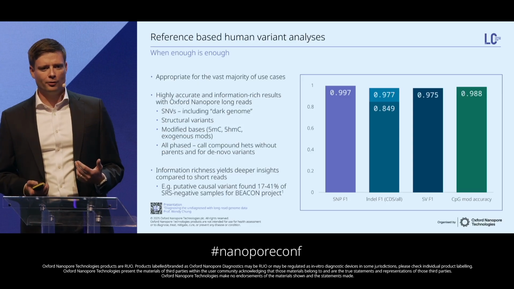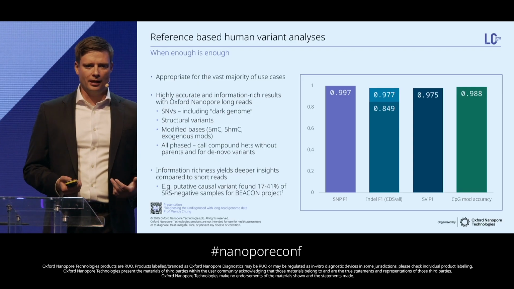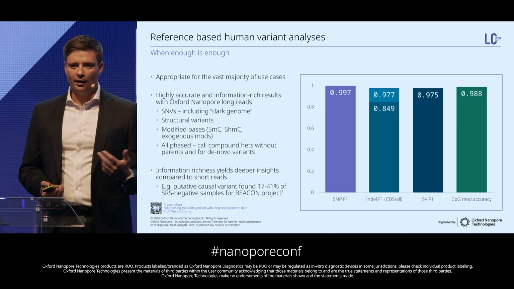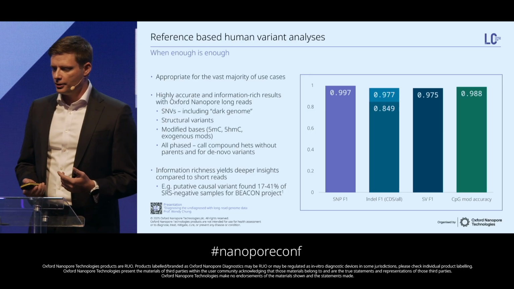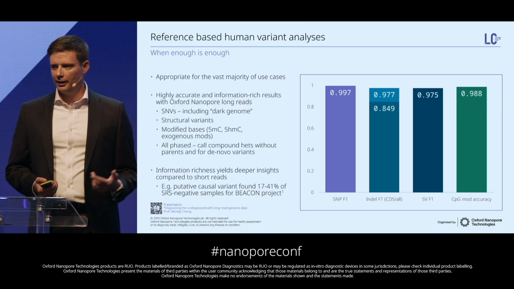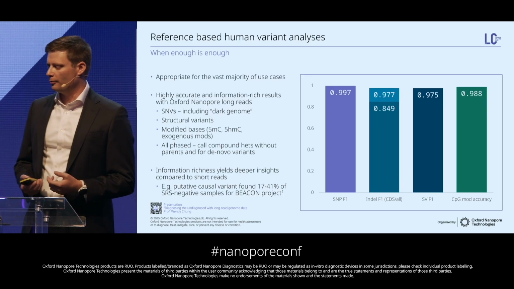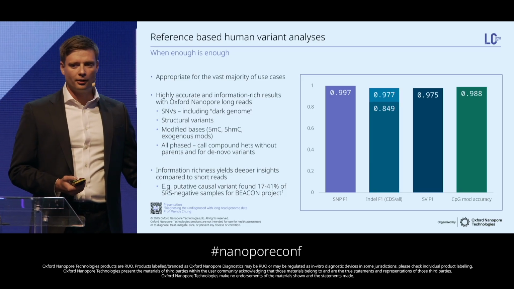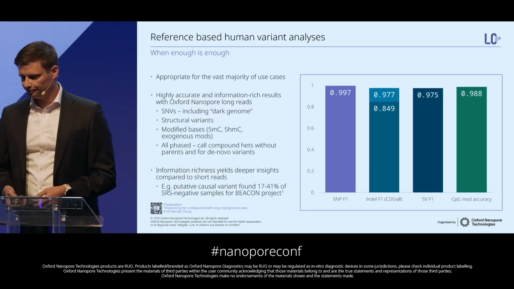This information richness can yield deeper insights into the biology of your sample relative to short-read approaches. A great example of this was a talk by Wendy Chung from the Beacon Consortium, highlighting increased diagnostic yield from long-read approaches. I encourage you to check out her talk, available at the QR code on this slide.